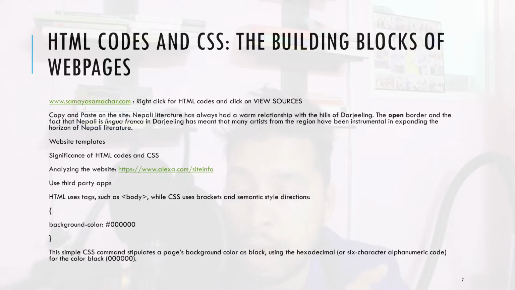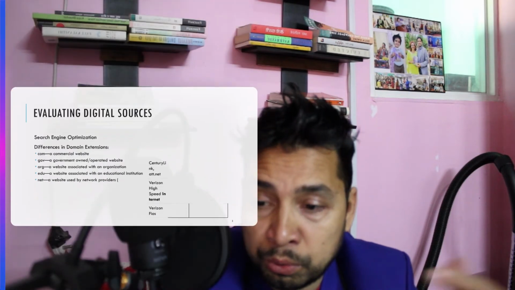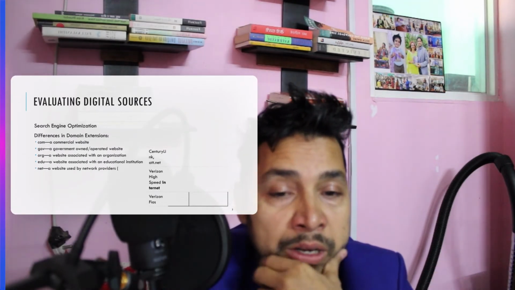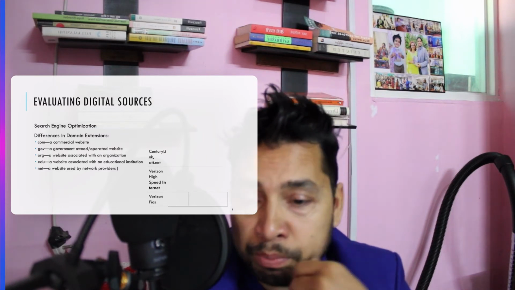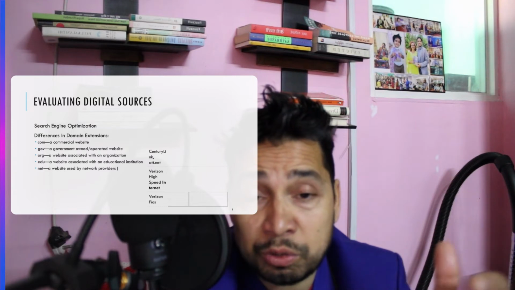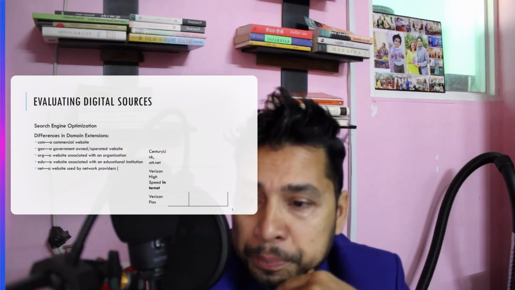So those who have degrees, or who have the knowledge of it, only can do it. And I can just tell you, these are some of the basic things of the knowledge of HTML codes and CSS. So you have to rather go and find out yourself, and learn yourself. There are tons of information on the HTML codes and CSS. You can watch YouTube videos, and also the link that I provided you with last week.